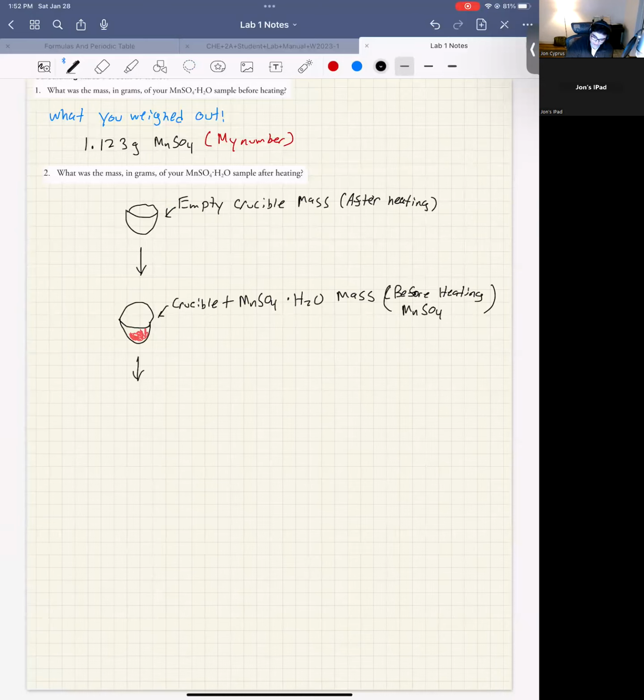Then you should get the weight after heating. So now this is crucible plus MnSO4, not MnSO4 H2O. Why?